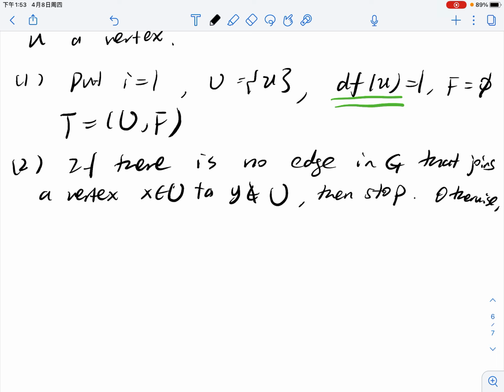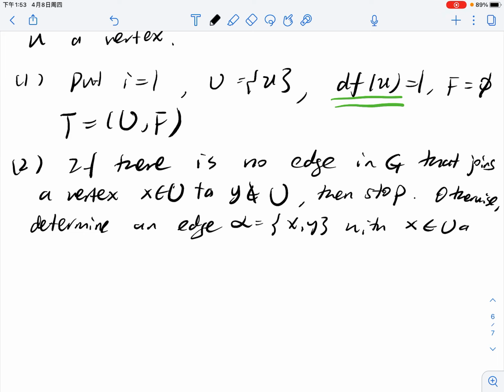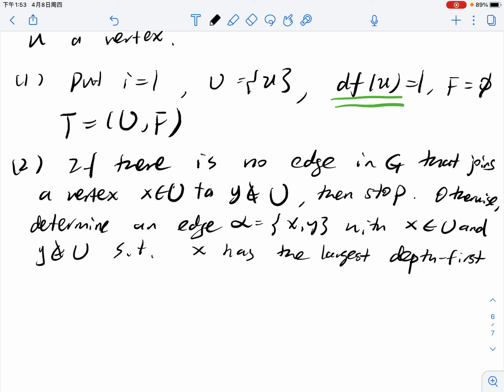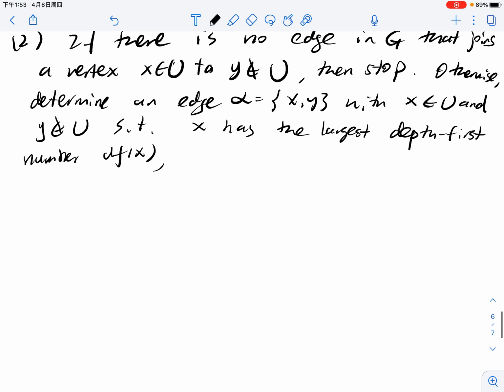Otherwise, determine an edge alpha with x in U and y not in U such that x has the largest depth first number dfx, and do the following.